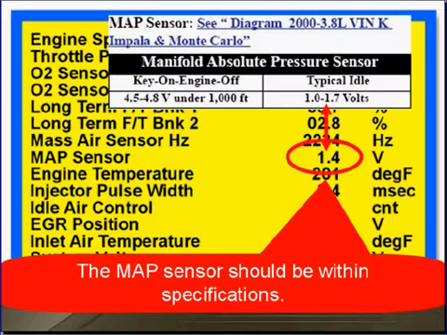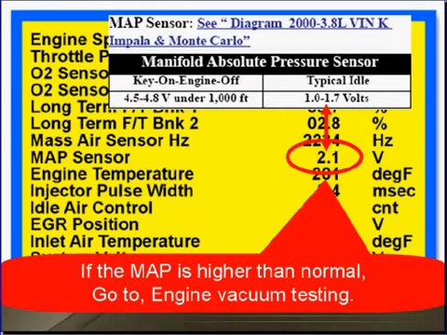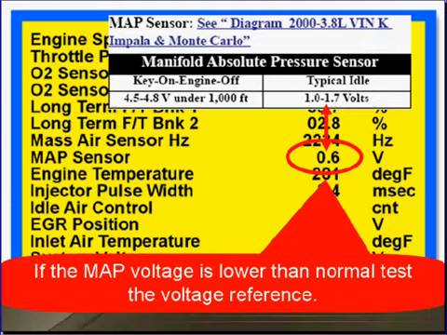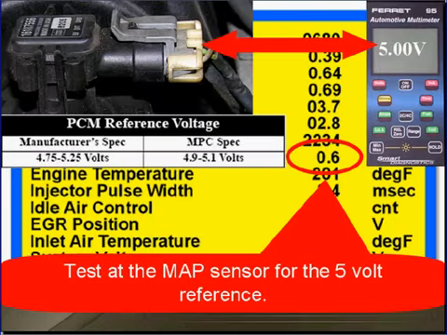The MAP sensor should be within specifications. If the MAP is higher than normal, go to engine vacuum testing. If engine vacuum is normal, test the MAP and its circuits. If the MAP voltage is lower than normal, test the voltage reference. Test the MAP sensor voltage reference at the MAP.